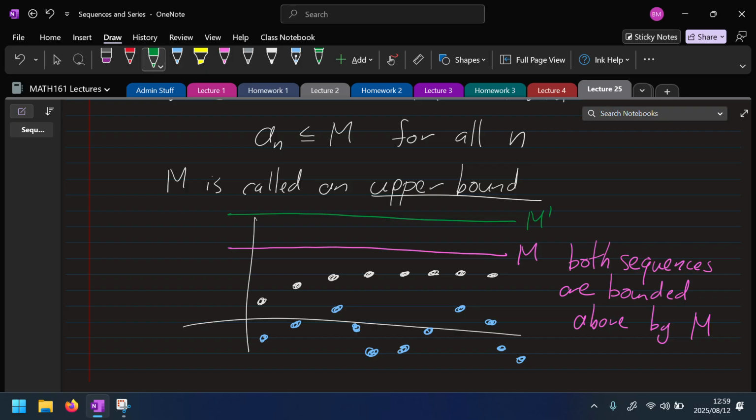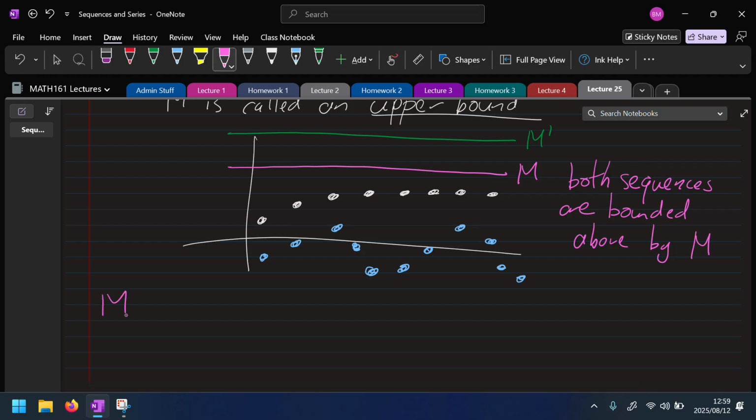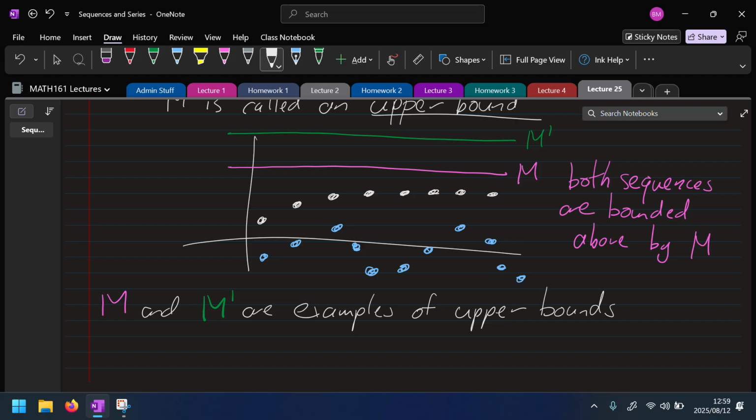All you need to worry about is that your sequence stays below whatever it is. So this M and M prime are examples of upper bounds. You can have more than one.